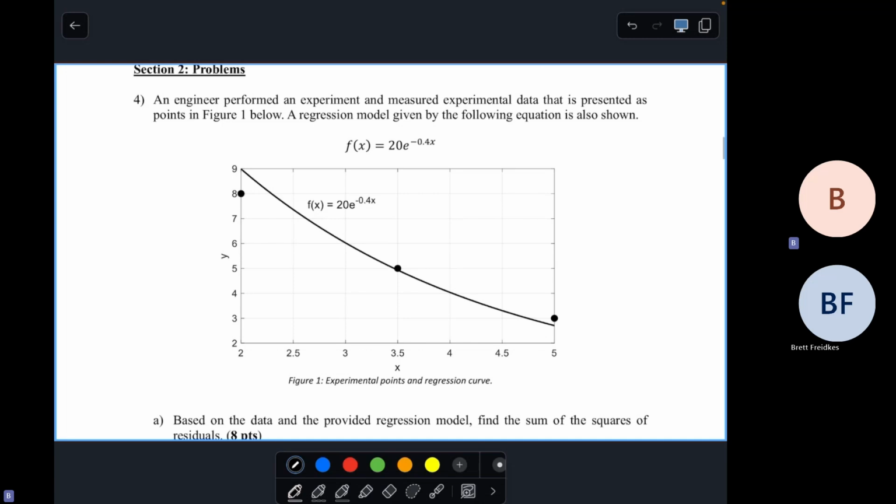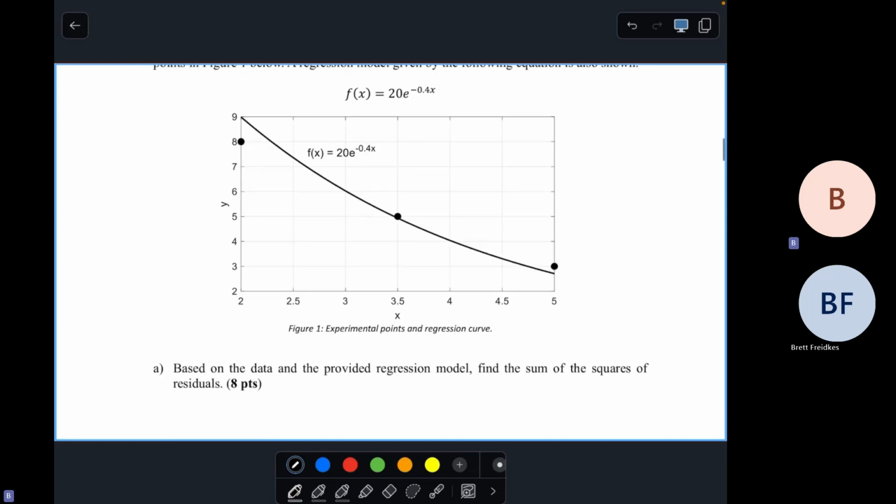That is the regression model, the curve, the black line that I drew. Part A: based on the data and the provided regression model, find the sum of the squares of the residuals. I want you to spend a few minutes doing this. Go ahead and try this. I don't want you to zoom through this. I want you to practice, considering that like 3 people have taken the practice exam.